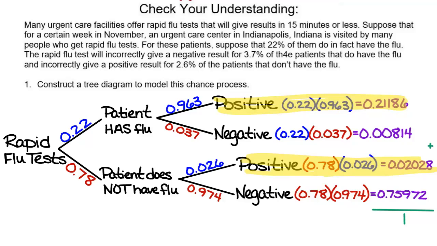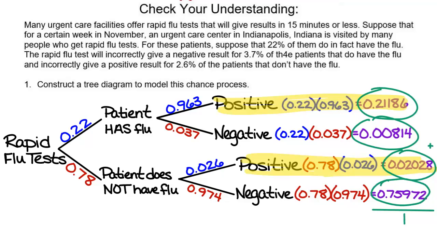Yep, 0.78 times 0.974, we get 0.75972. If I add up these 4 numbers here, we get 1. Because one of these 4 things has to happen.